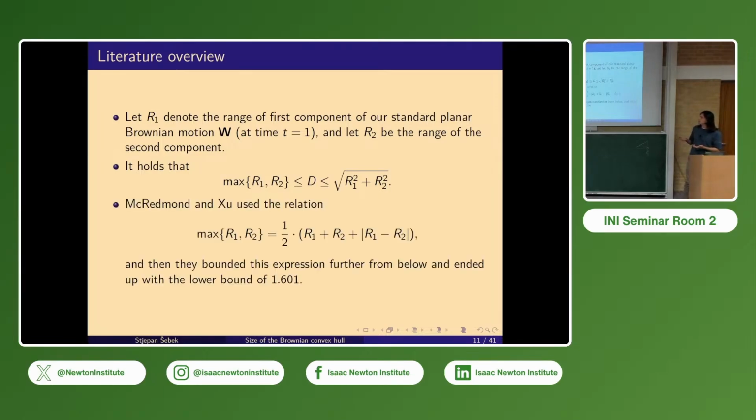And then they use this known relation for the maximum, that you can just write it like this, and they further bounded this thing from below. And notice what is important: R1 and R2 are independent. One is the range of W1 and one is the range of W2, and W1 and W2 are independent one-dimensional standard Brownian motions. So they further bounded this from below to obtain a lower bound of 1.601.